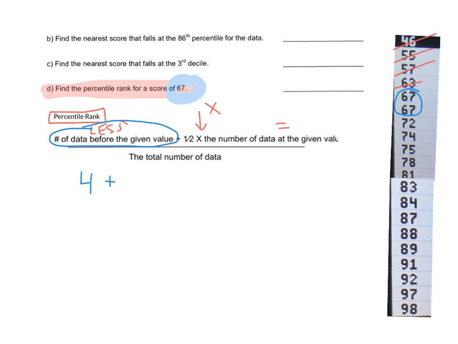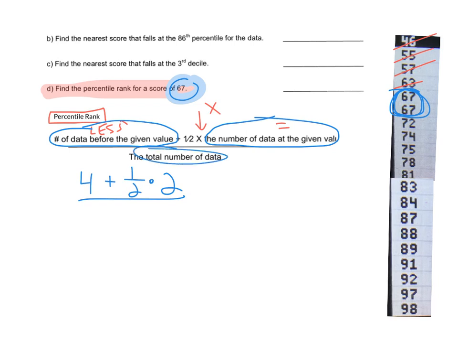So we're going to go 4 plus 1/2 times the number of data equal to the given value. Well, the given value is 67, and there's 2 67s. So I'm going to do 4 plus 1/2 times 2 divided by the total number of data, which in our problem was 20.